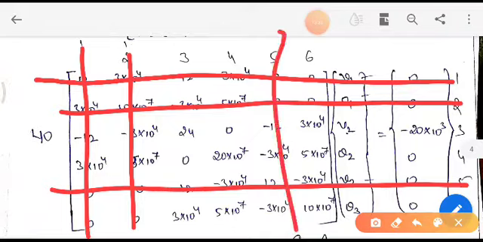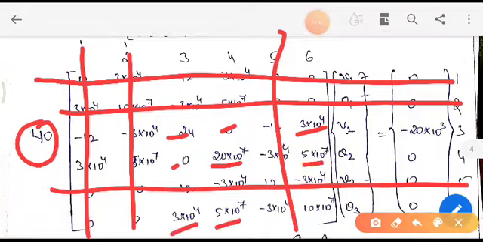If we eliminate these, we are left with 40 as common, and 24 0 3 into 10 raised to 4, 0 20 into 10 raised to 7, 5 into 10 raised to 7, 3 into 10 raised to 4, 5 into 10 raised to 7, 10 into 10 raised to 7, and v2, theta 2, theta 3, equal to minus 20 into 10 raised to 3, 0, 0.